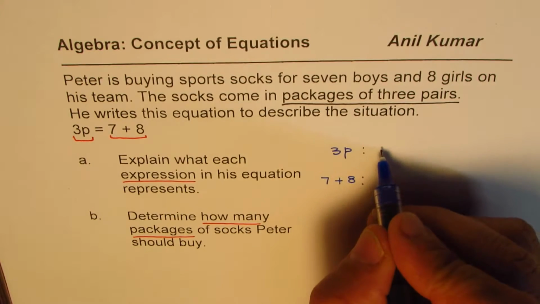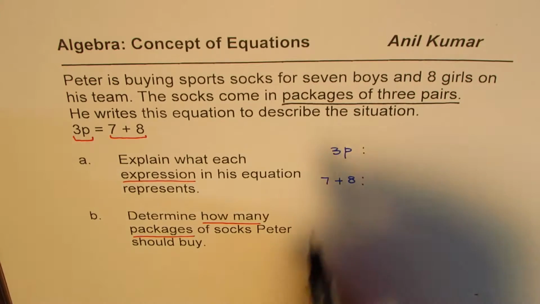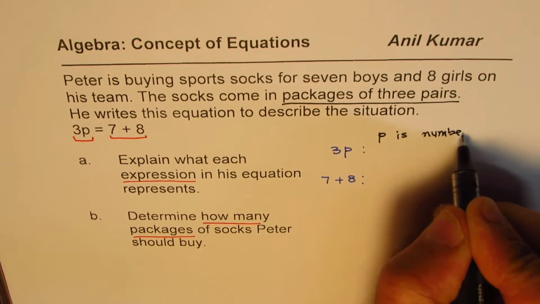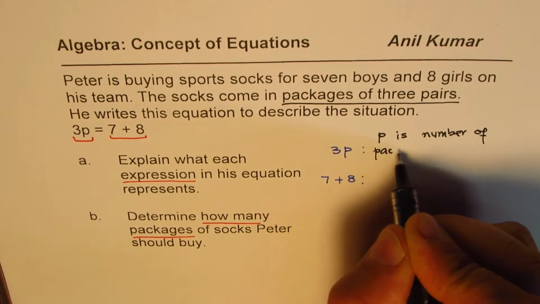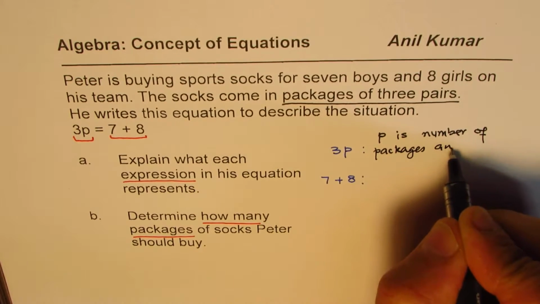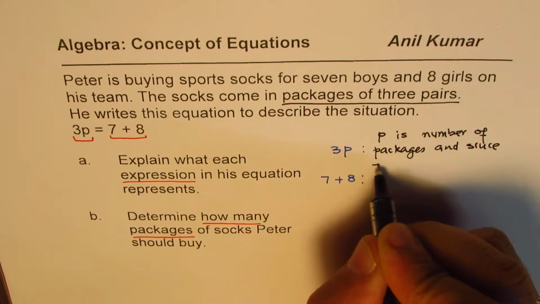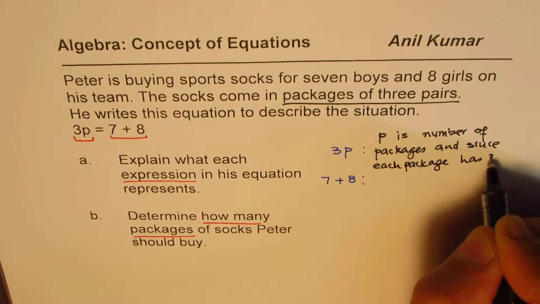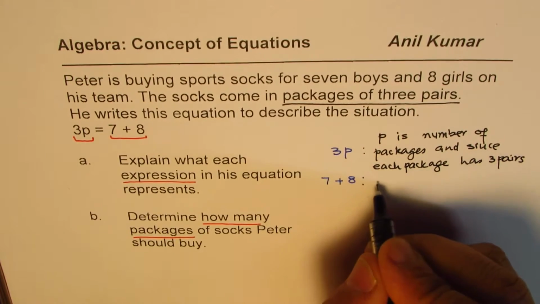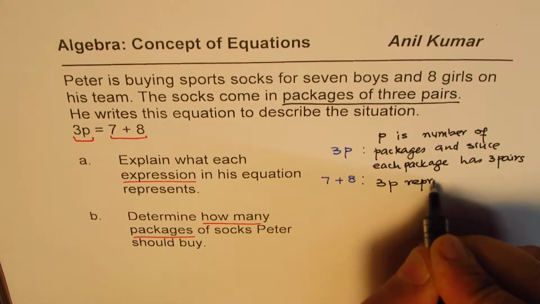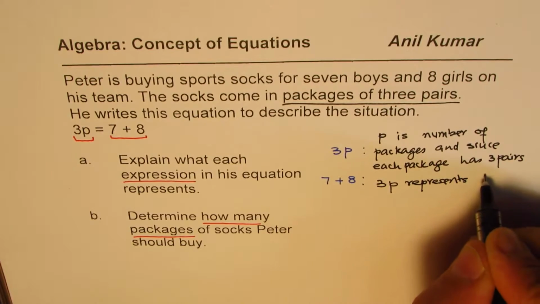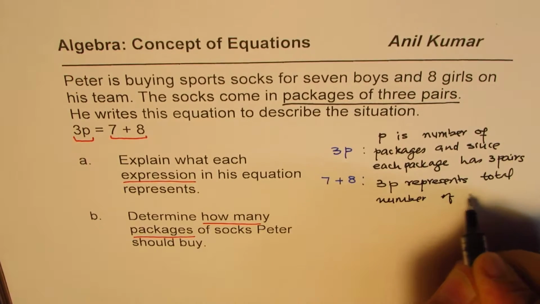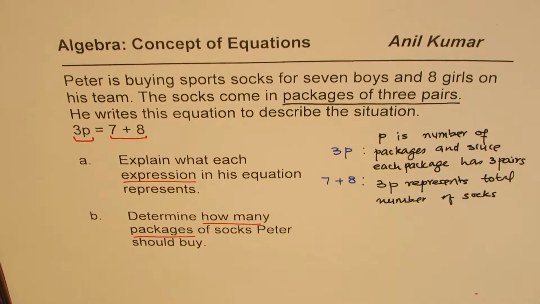We can say p is the number of packages. And since each package has 3 pairs, 3p represents the total number of socks, right?